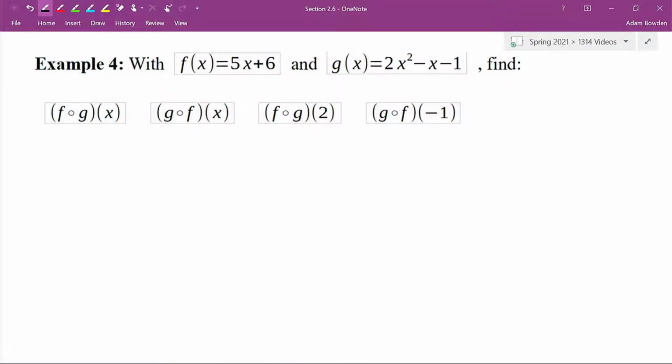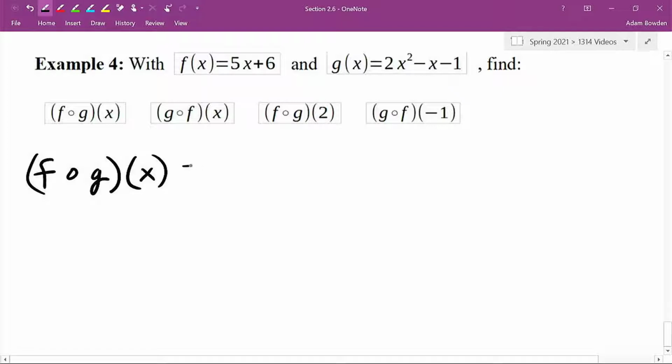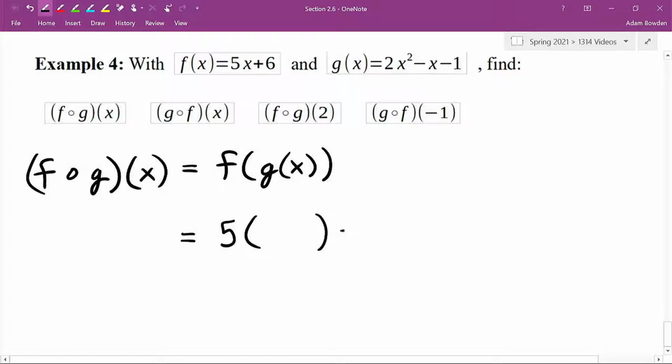Alright, we're going to start off with these two functions for f of x and g of x, and start by finding f circle g of x. So keep in mind that means f of g of x. So how we do this is we start with the function f, which is 5x plus 6, and in the place of x we're going to put something.